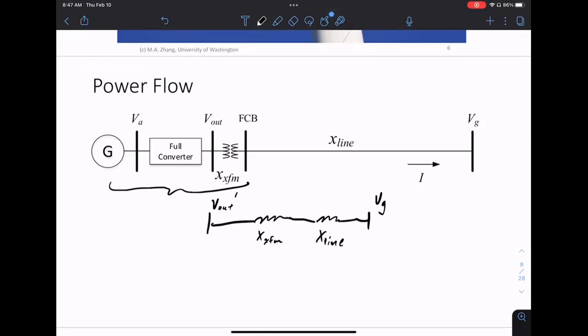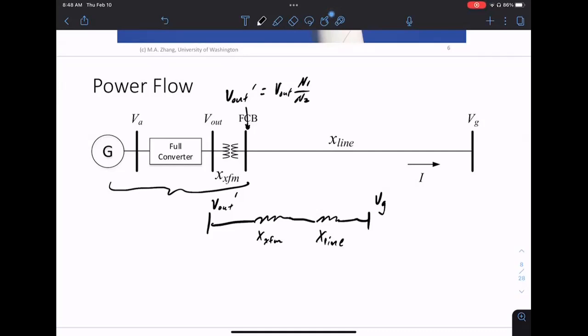Because we have a transformer, V out prime at this terminal is V out times N1 over N2. So you still have an N1 over N2 transformer ratio. One question is, why don't I just do this after the converter? Why bother having a transformer? There seem to be two steps here.